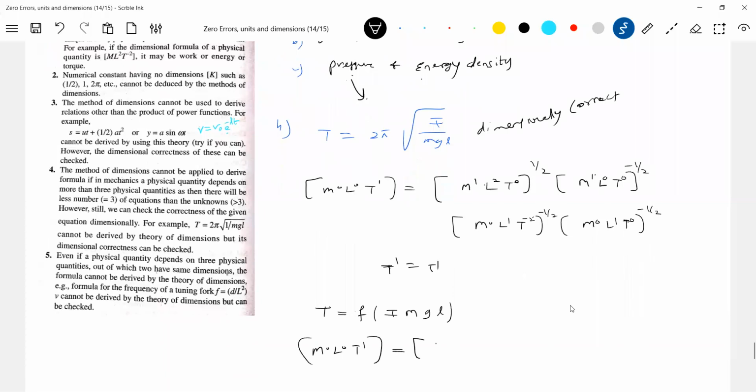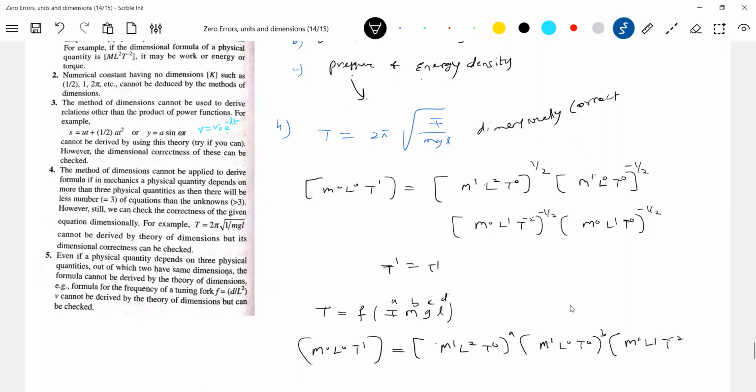Then moment of inertia. So this I'll write X, Y, Z, P, or I think we'll go for A, B, C, D. Moment of inertia already we have dimension, power A. This will be M1 L0 T0, B. C is how much?